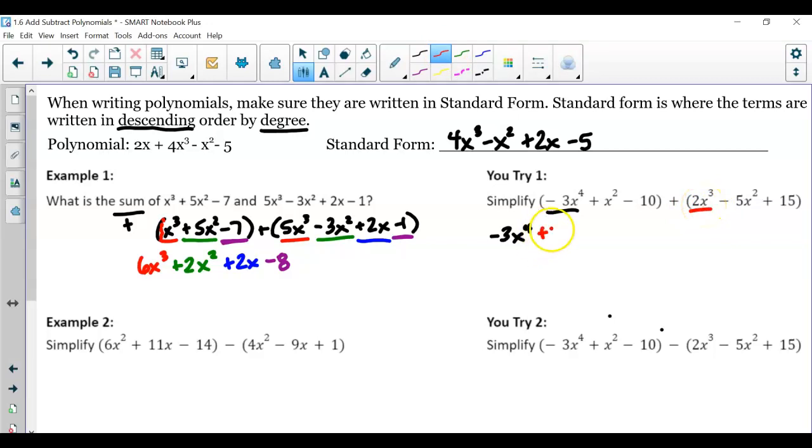No. So bring that down as well. Then x squared. I have x squared minus 5x squared, which is now -4x squared. Because again, here that is a positive 1. So 1 minus 5, -4. Then now we're left with our constants of -10 plus 15, which is 5.